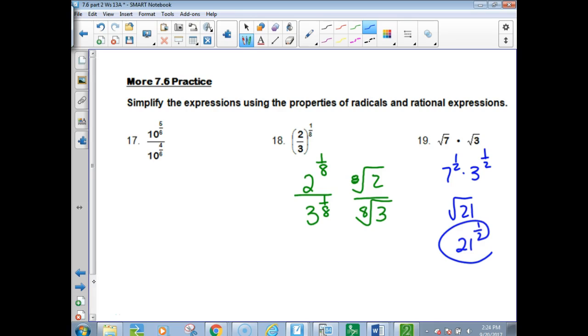Brooke? No, you have to have matching bases. The only way you can subtract the exponents is if the base that the exponents are on is exactly the same.